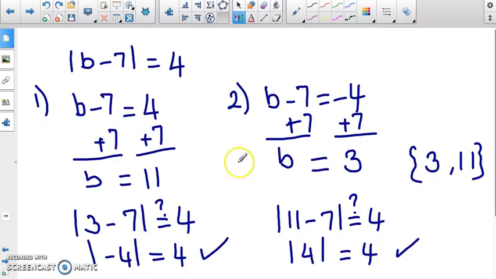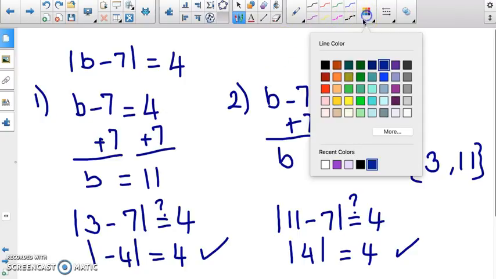I'm just repeating it again. I'm not saying the absolute value is equal to 4 when I'm considering my two possible solutions. I'm just saying that inside this absolute value, I have two options. Let me use another color and write it over here again.